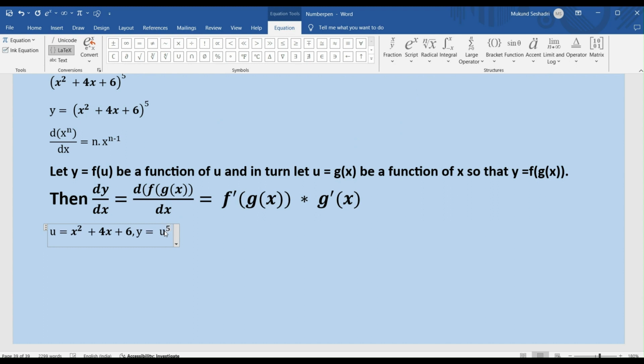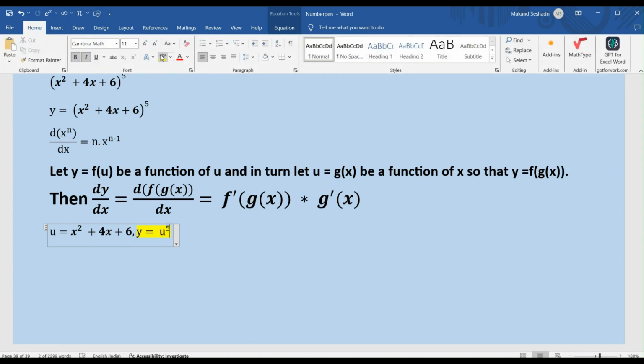So now you see that I'm able to express my y in terms of u, and then u in turn is dependent on x. My u is nothing but x squared plus 4x plus 6, and my y in terms of u is u to the power 5.